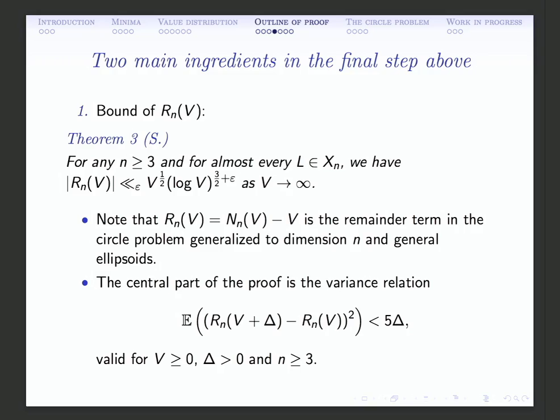So how do you prove this result? The key point is a variance relation that is now on the bottom of this slide. So on the space of lattices, how do you calculate such a variance?